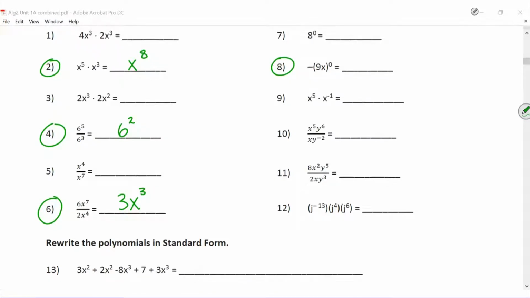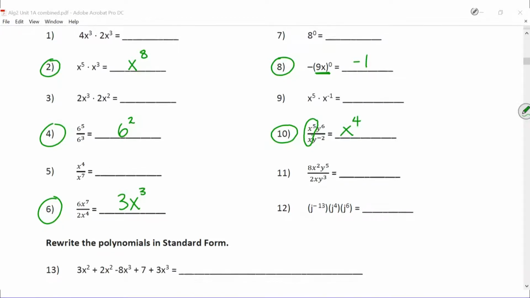So this thing right here gives me 1, and then I have a negative 1. Number 10, I'm looking at the common bases. So first x. So x to the 5th divided by x, 1x down there at the bottom. I will keep the common base, and I will subtract 5 minus 1 and get 4.